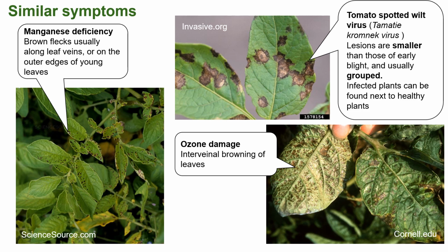Tomato spotted wilt virus or Tomaticrumnac virus also causes symptoms very similar to those of early blight. However, the lesions are normally smaller than those of early blight and they're usually grouped.